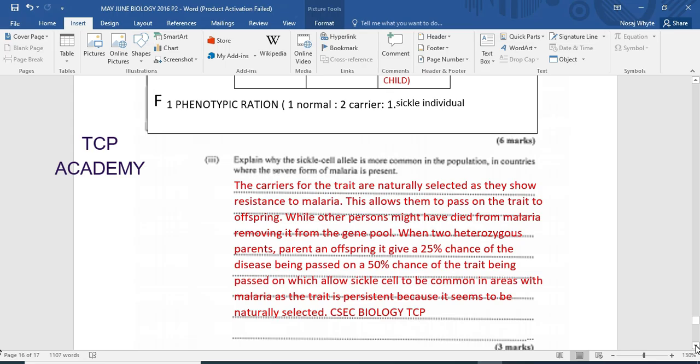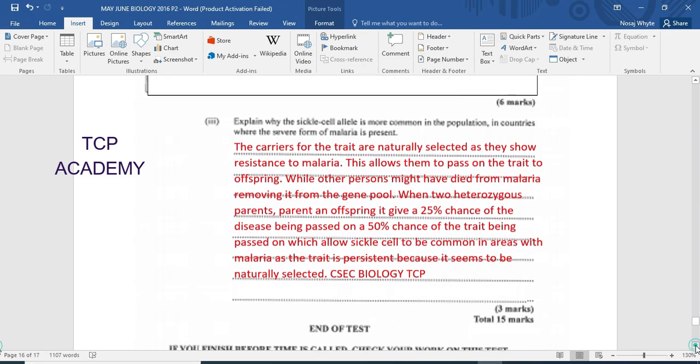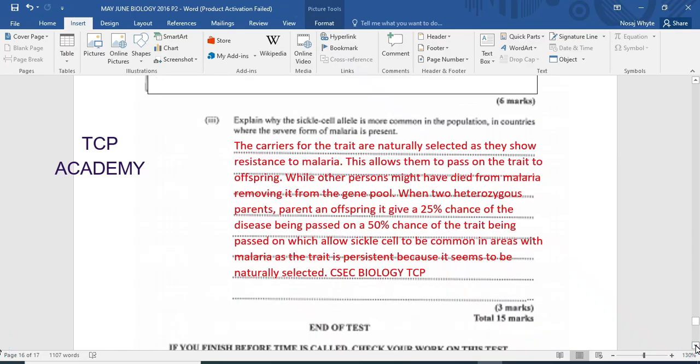Hence the trait continues to persist and be passed on from generation to generation.